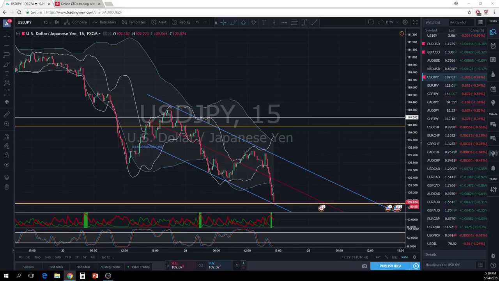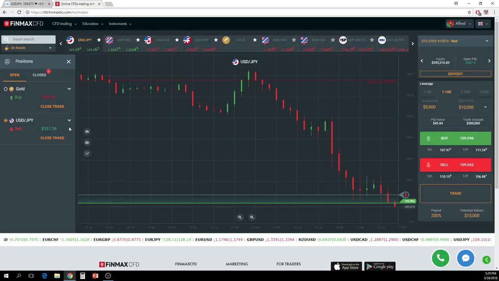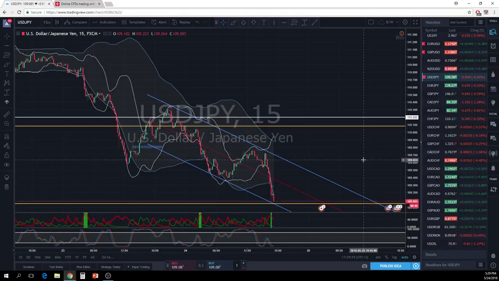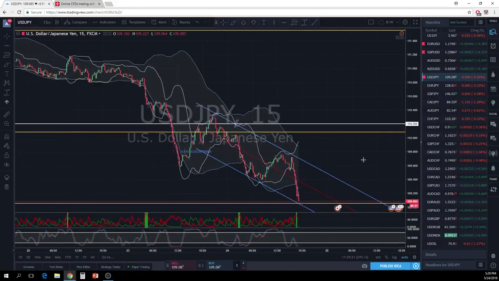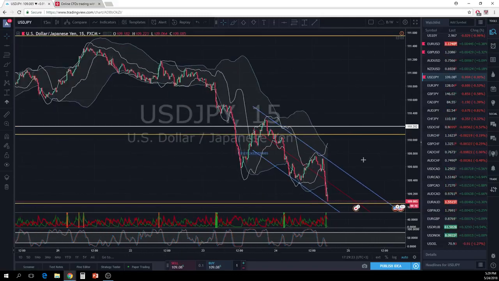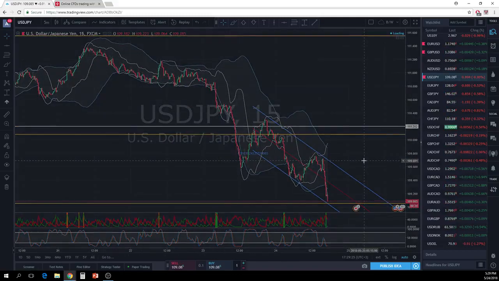Let's see. What's the take profit for USD JPY? I think it's a very small position, and far away from take profit. It's 108.999, right? Let's see. Yeah, so 109 exactly. It's 8 pips away. Not saying it's impossible for it to reach that level.